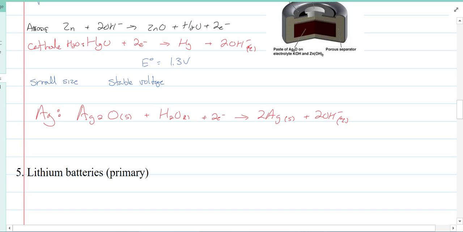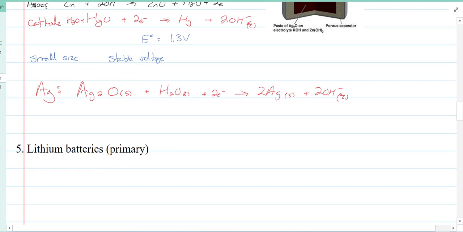And then lithium cells that we have. In a lithium cell, we replace zinc with lithium. So these are the non-rechargeable batteries. Your anode is lithium going to lithium plus an electron.